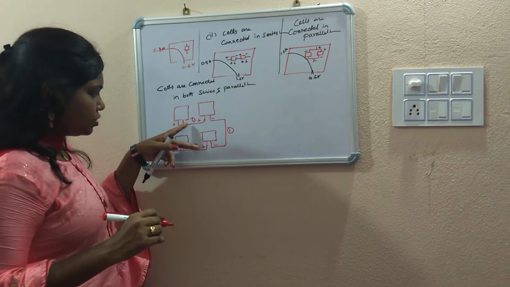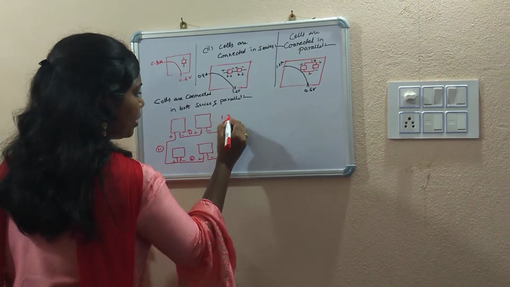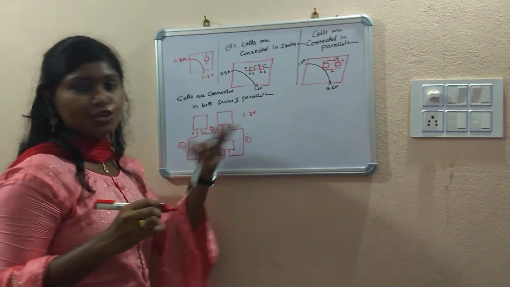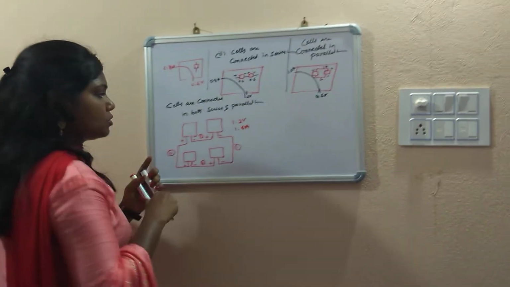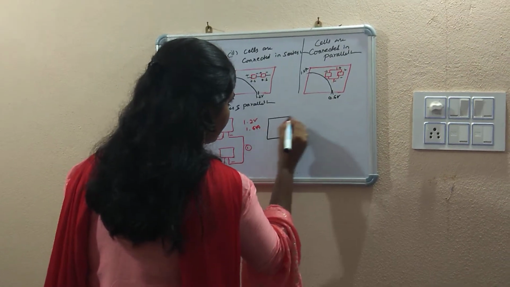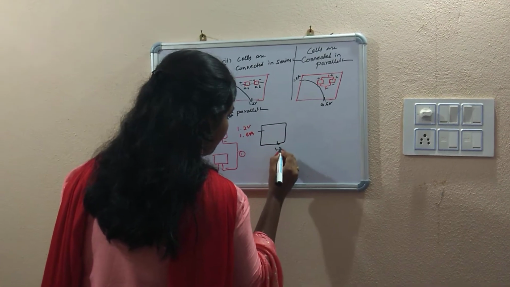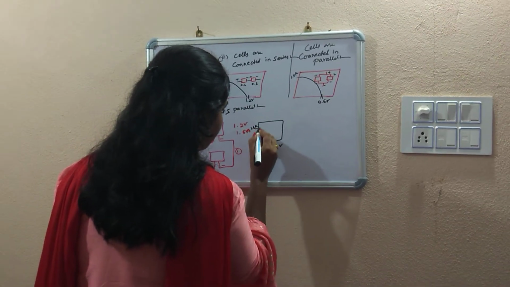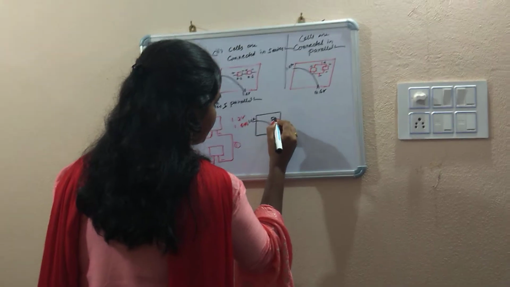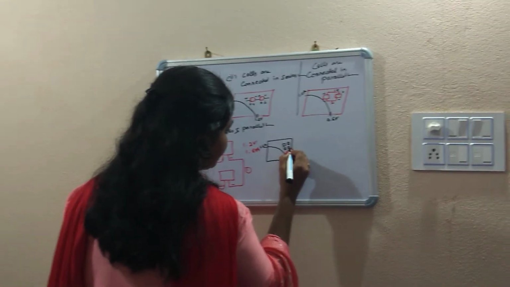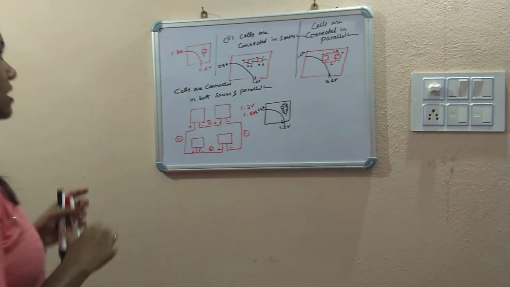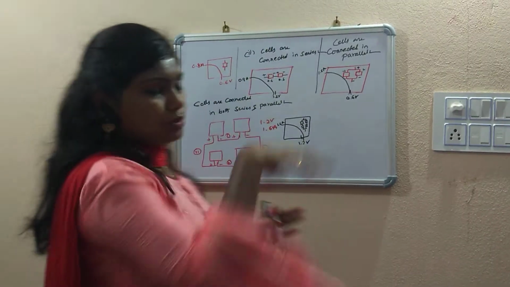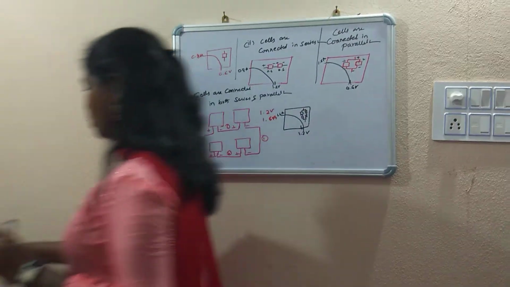With the series connection we get 1.2 volts, and with the parallel connection we get 1.6 amperes. So in the graph we get 1.2 volts, 1.6 amperes. So the series and parallel connection of solar cells is over.